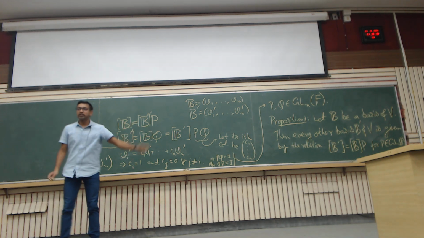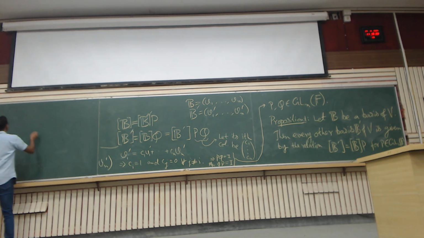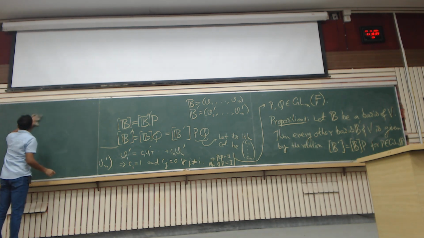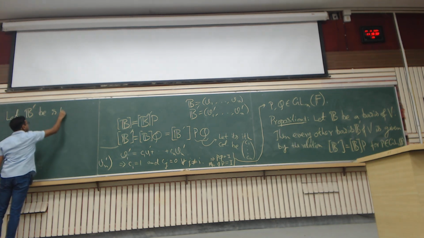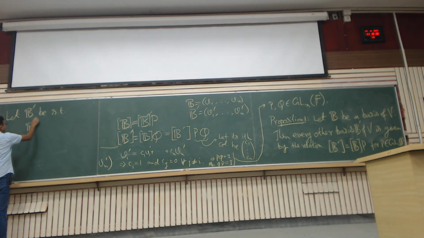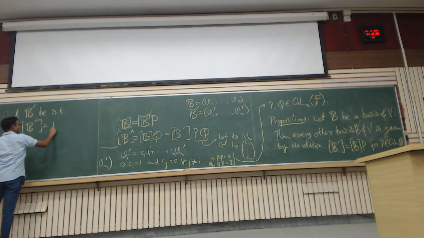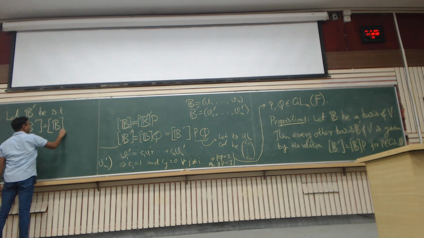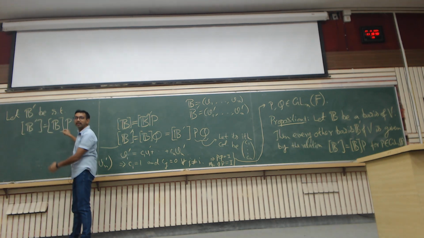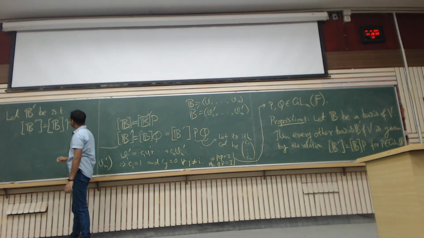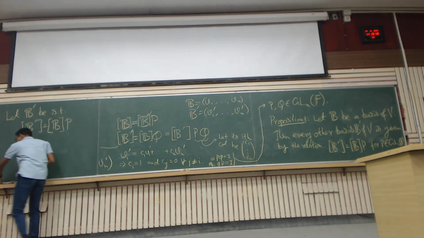So suppose we are given this basis B, and then we are getting some set of vectors B prime. Let B prime be such that B prime is equal to BP for some matrix P in GLNF. Okay, I should rewrite this first line.